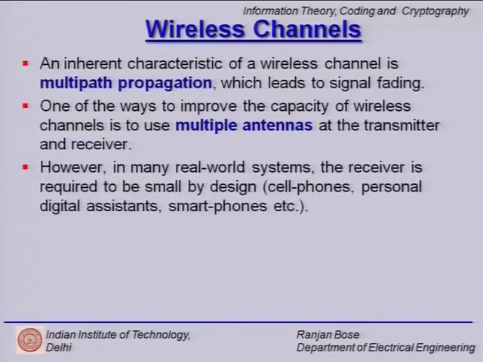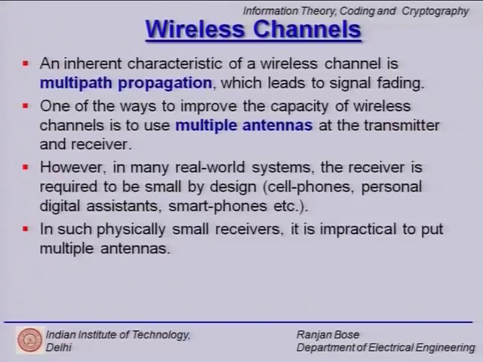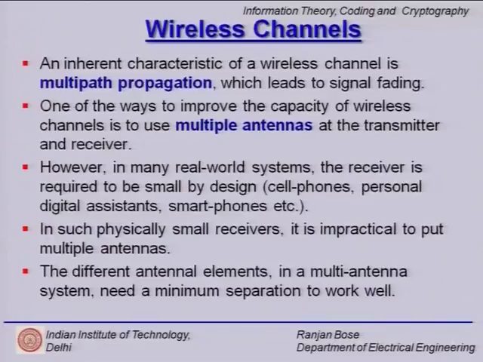But the problem is that the receiver could be your handset and you do not have enough space to put multiple antennas. So, it is logical to put more number of antennas at the base station. So, what we would like to do is we would have to also have a minimum separation between the antenna elements for them to be fading relatively independently.